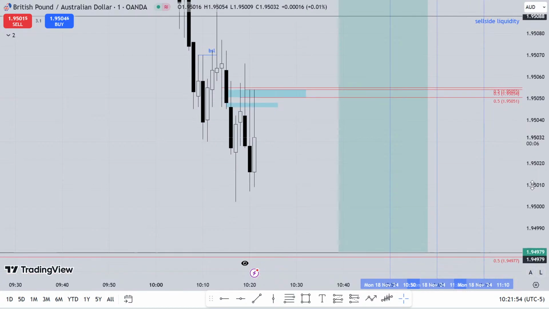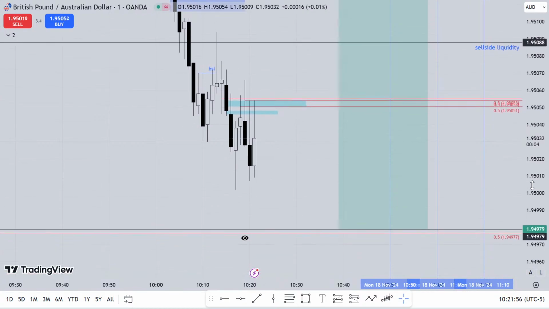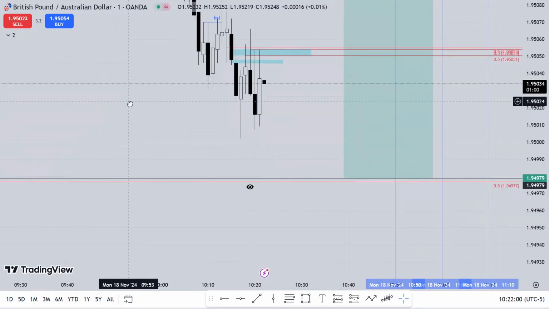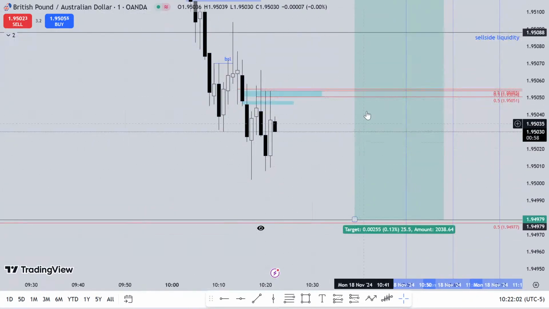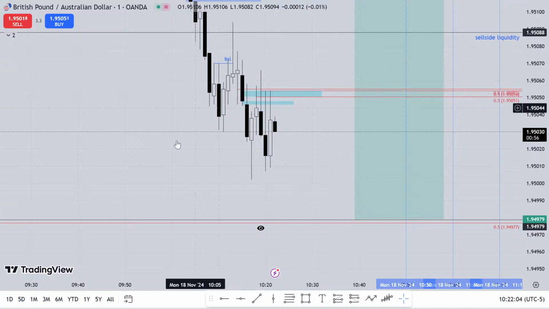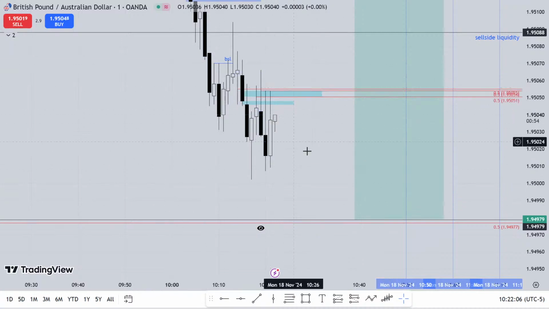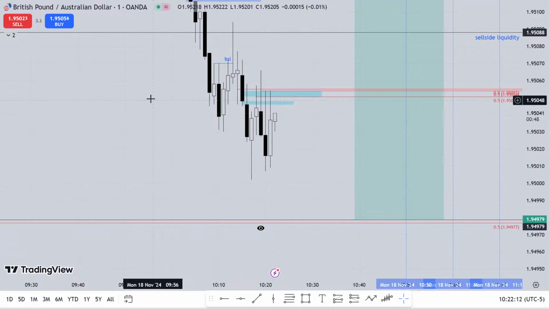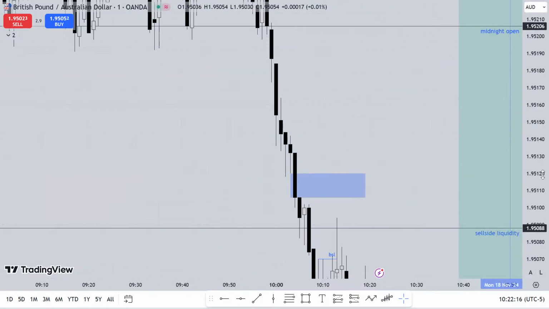All of this is being coupled with time. We are trading inside of a trading window when price goes into a distribution phase. All of this is the only reason we are being comfortable trading these types of distribution. It is because of time. At this time window, price has already done its manipulation phase, which is this.